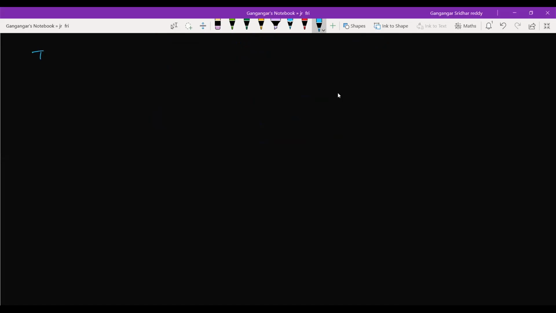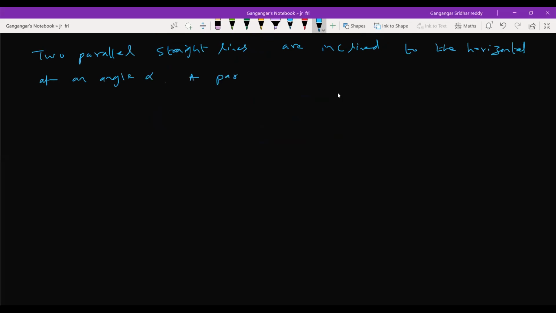Two parallel straight lines are inclined to the horizontal at an angle alpha. A particle is, read the question. I'll not give the diagram. You're supposed to get the diagram also.